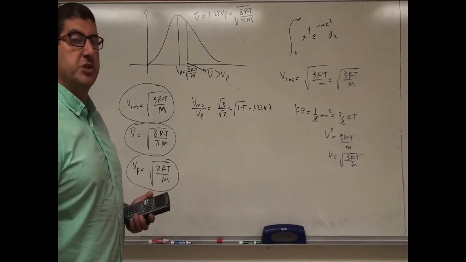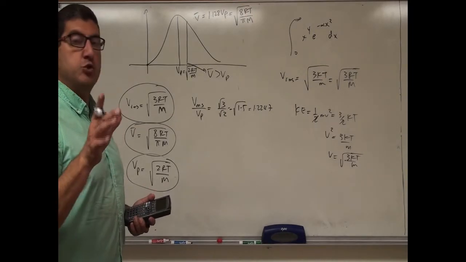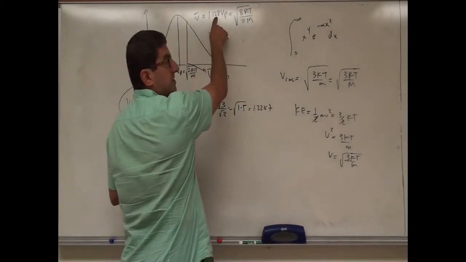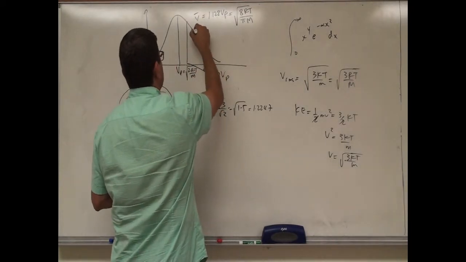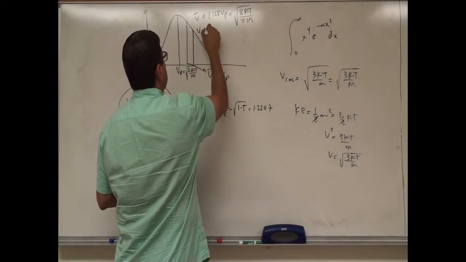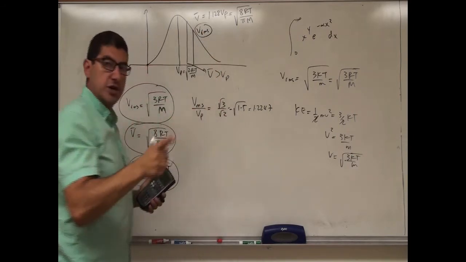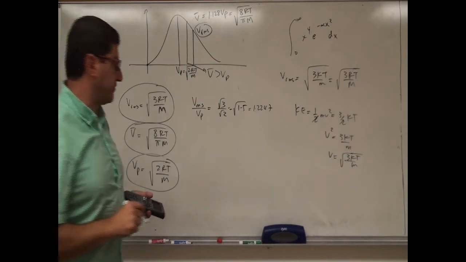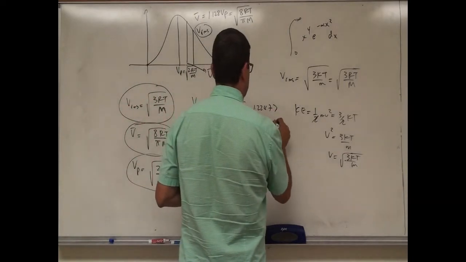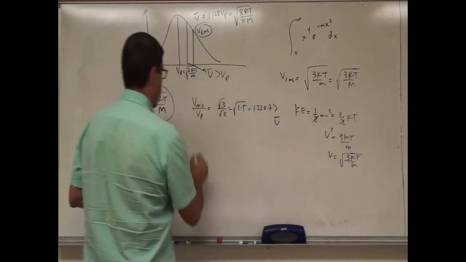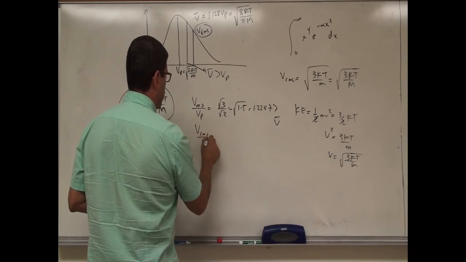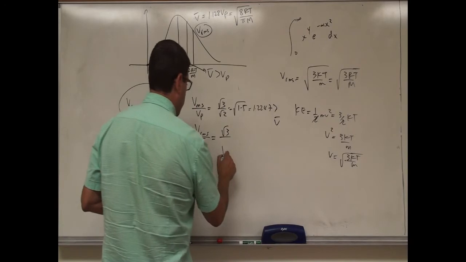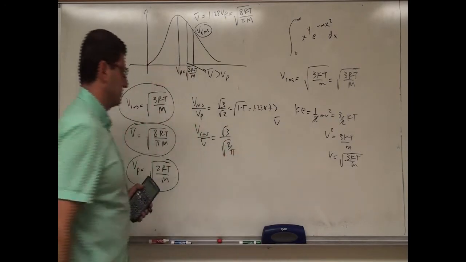Okay, so the root mean square speed is 22% larger than the most probable speed. The other one was 12% larger, right? So V root mean square is even larger than the average velocity, right? So it's larger than V average. I can also take the ratio of V root mean square over V average: the square root of 3 over the square root of 8 over pi.